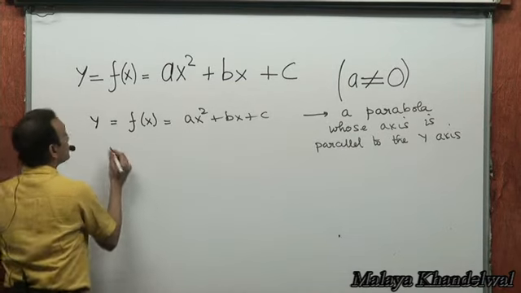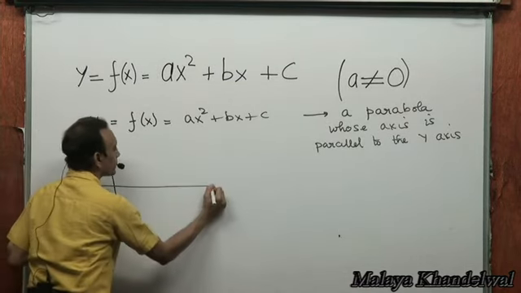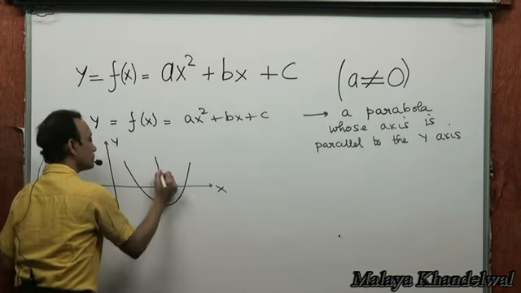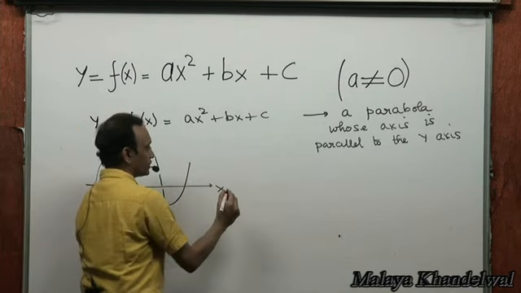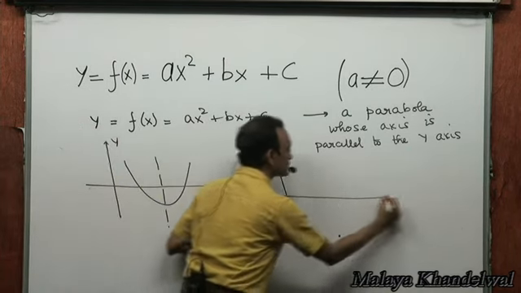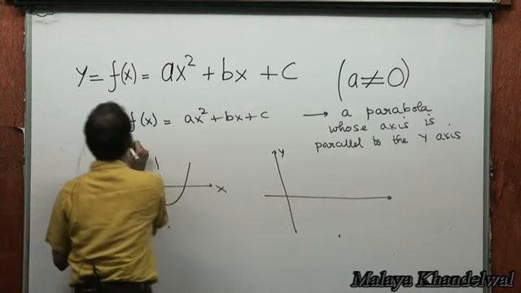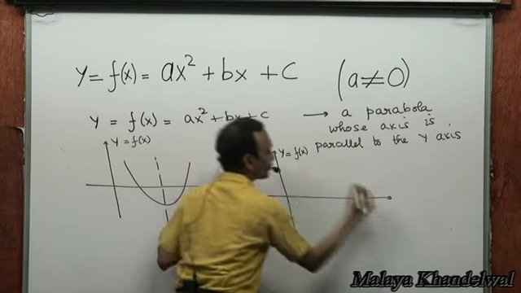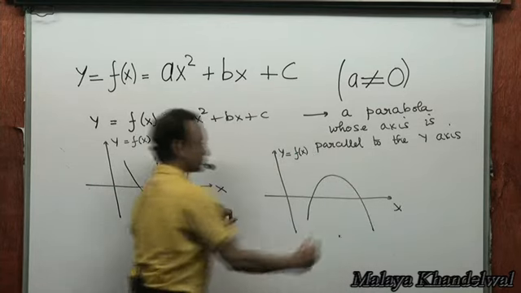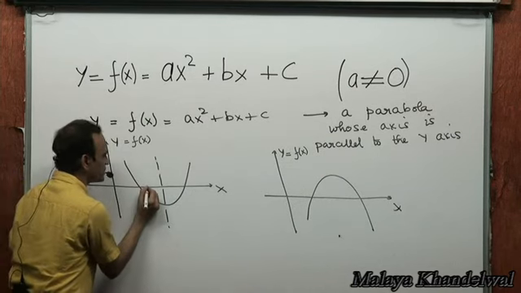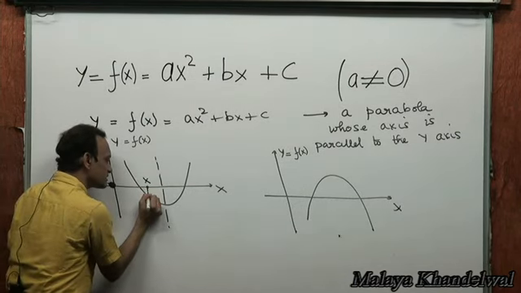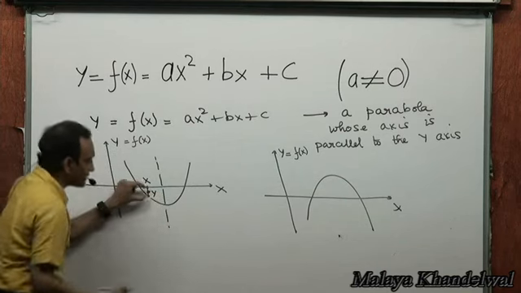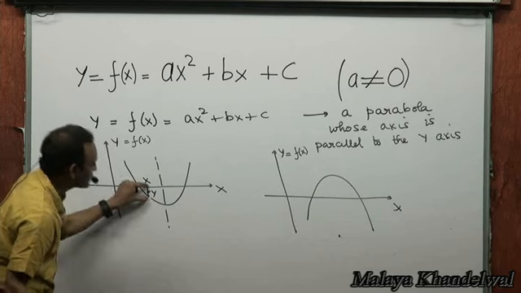That means now this graph could be, in principle, either a parabola like this, or it could be a parabola like this. Now, just to clarify matters here, for any given x, this y represents f of x.